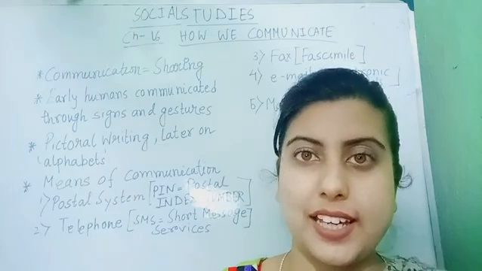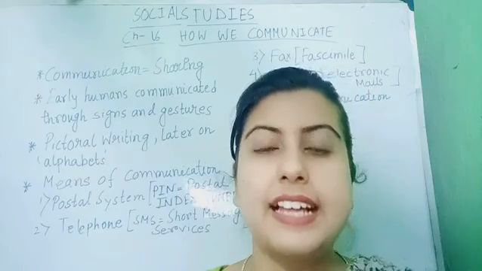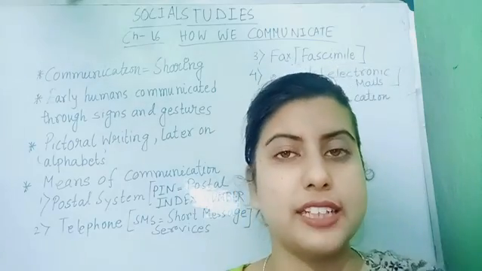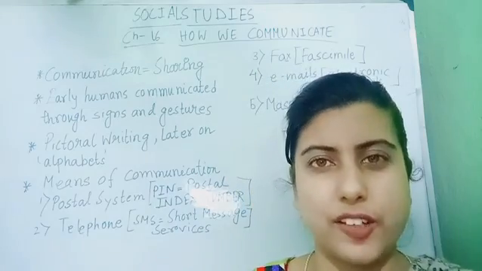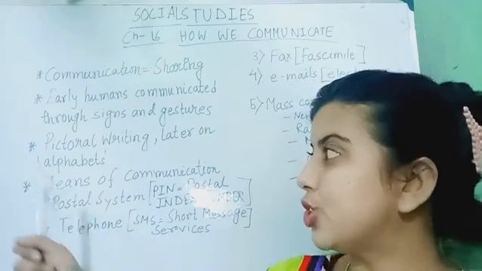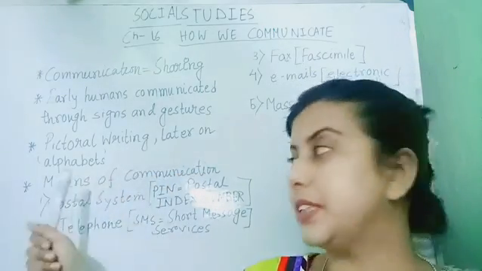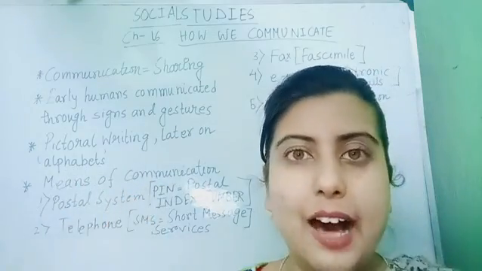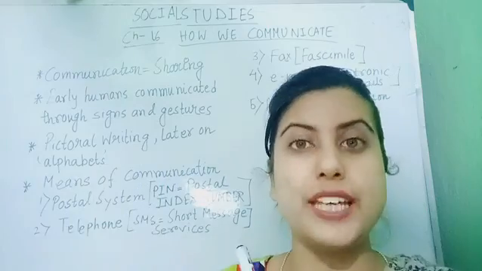In this way, today we use languages like Hindi, Bengali, or English, and many other languages. They have all come from the pictorial writings, and after that, they have become the alphabets, and now they have become the modern languages that we use.